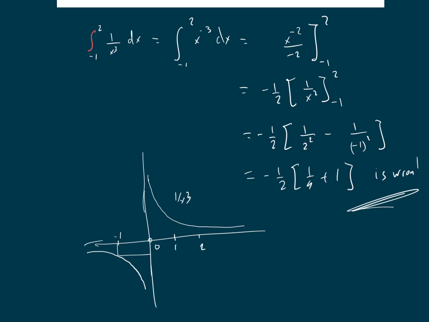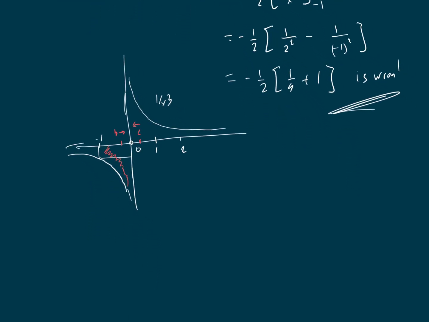So what you will do is first you will do this area with v approaching 0, and later on you do the other integral when z approaches 0 from the positive side. So let's do the integral now. The integral from minus 1 to 2 of 1 divided by x cubed dx, you have to do it in two parts, because if you do it in one part like I have it down here, it's wrong.